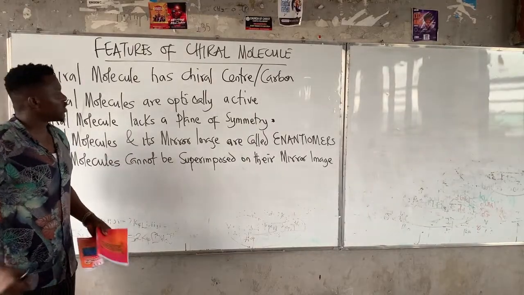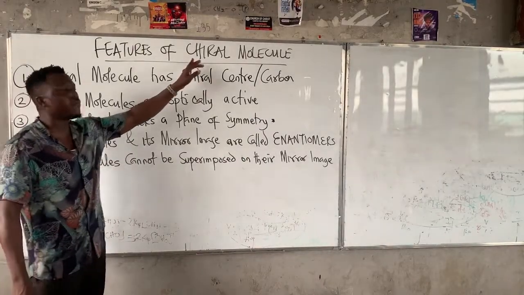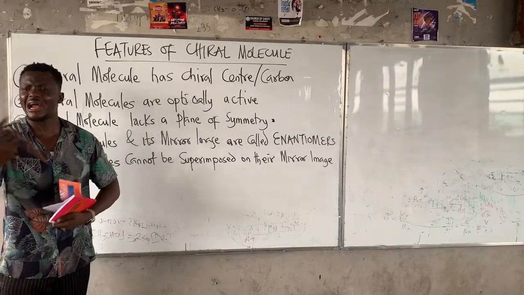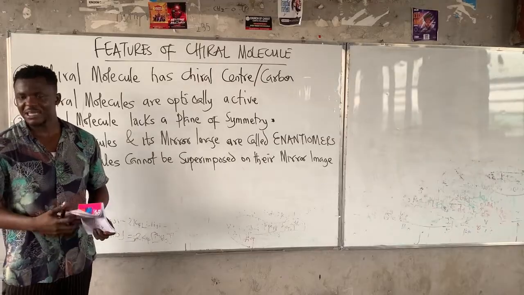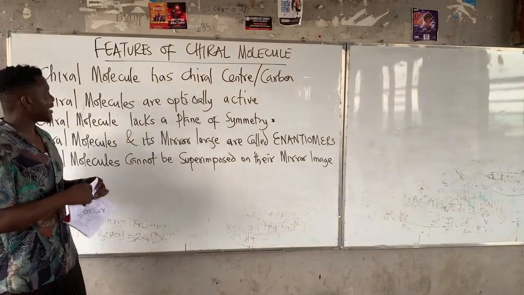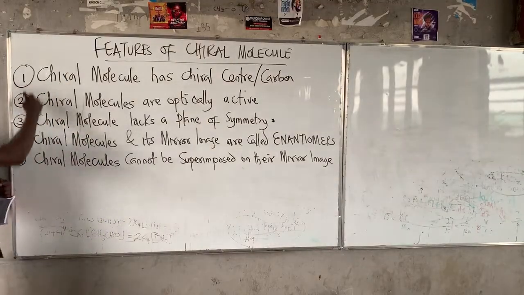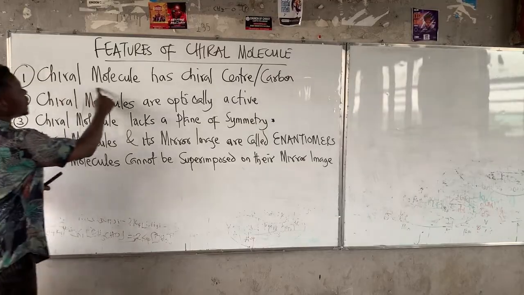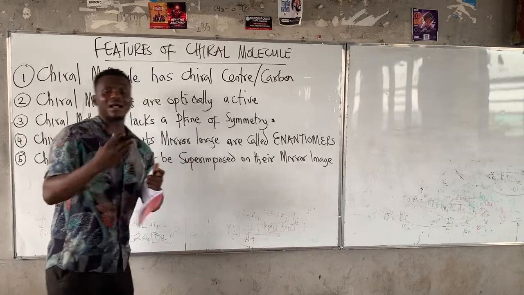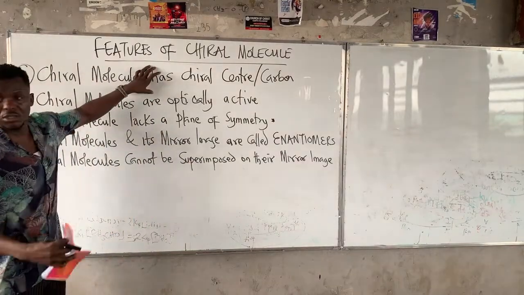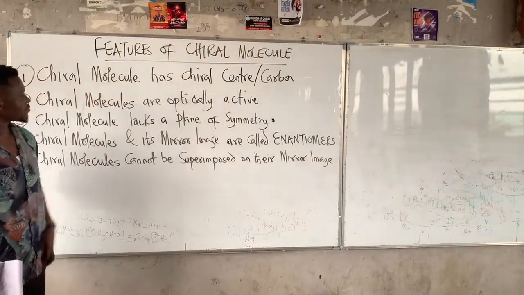Okay, now just as we have chiral molecules, we also have what we call achiral. Opposite of chiral is achiral. Take note of that. Achiral simply stands for the opposite of everything here. A chiral molecule has a chiral carbon. An achiral molecule does not have a chiral carbon.